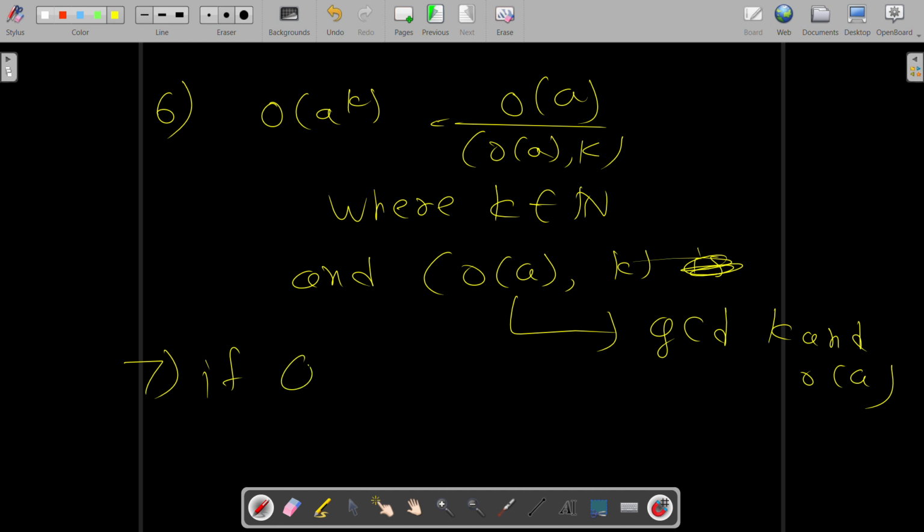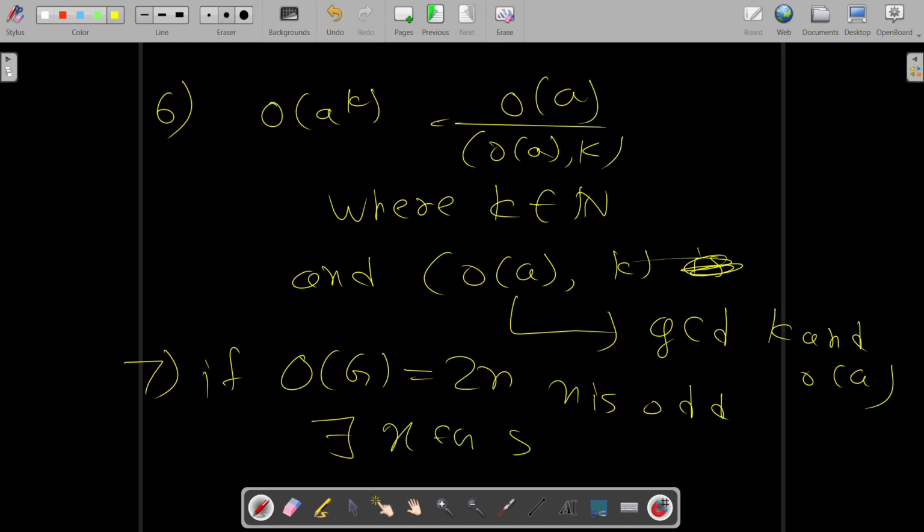So just see, the property says: if the order of G is 2n, where n is odd, then there will exist an x belongs to the group G such that the order of x equals 2.